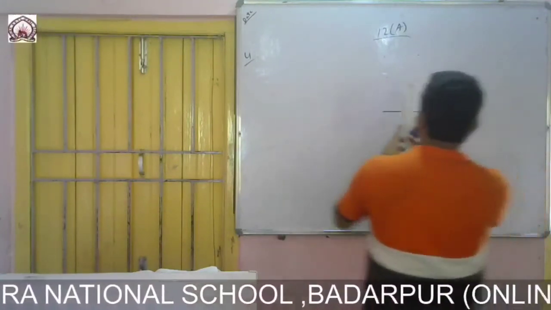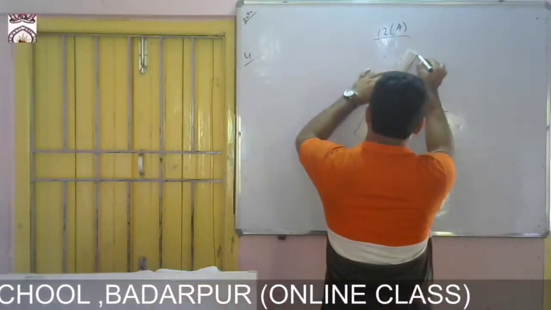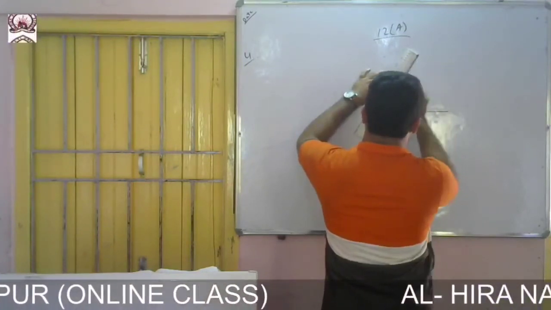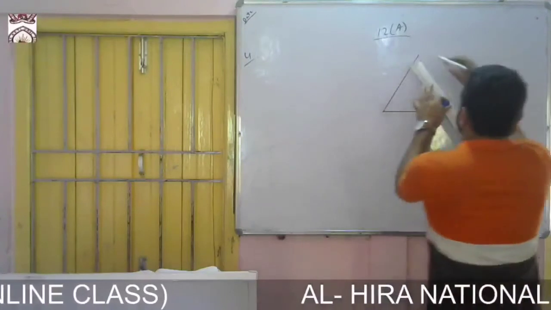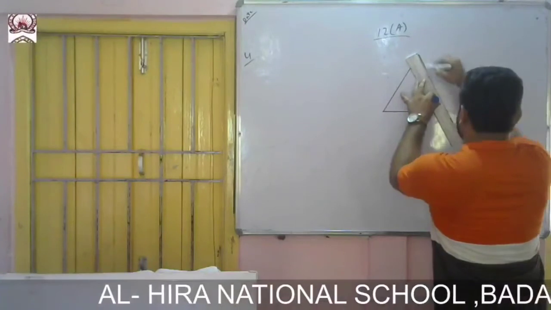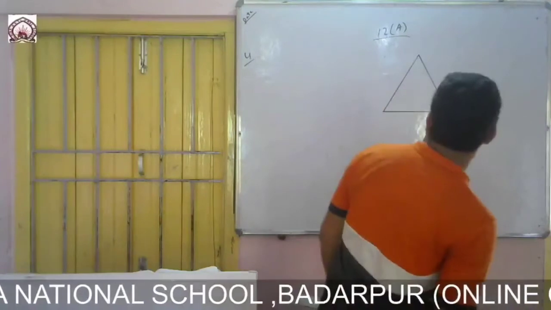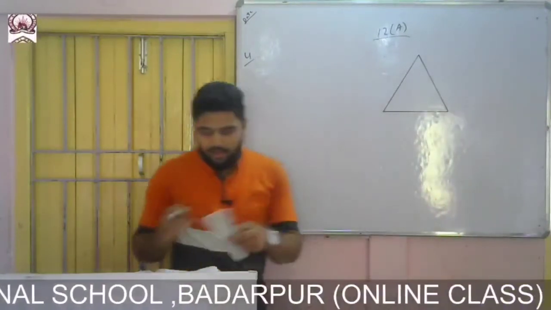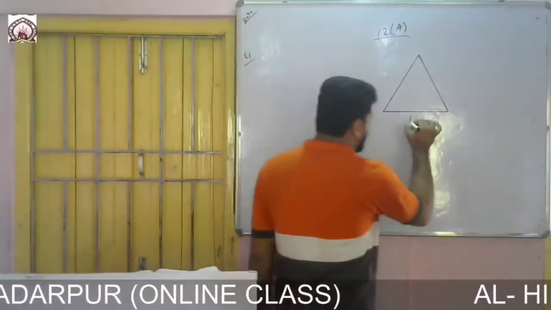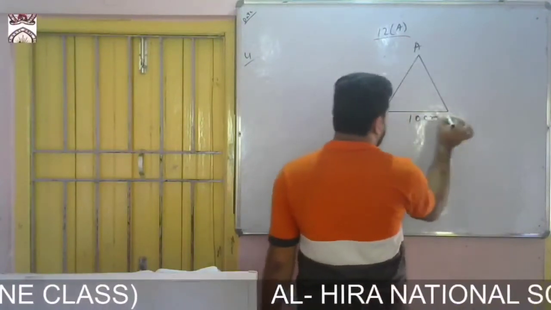From there again take 10 centimeter. From there also take 10 centimeter. That means these sides will be equal, as this is an equilateral triangle of length 10 centimeter. Now give the names A, B, C.